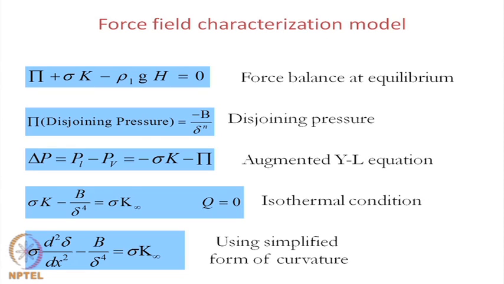characterize the different forces present in a system, conduct some experiments, measure the film thickness profile accurately and try to see what the value of the Hamaker constant is and whether or not it is close to that predicted from the theory and so on. So, we will first go into the model, the force field characterization model, and the experiment is simple: we have dipped a surface.